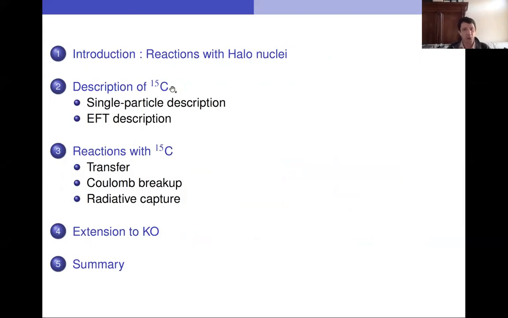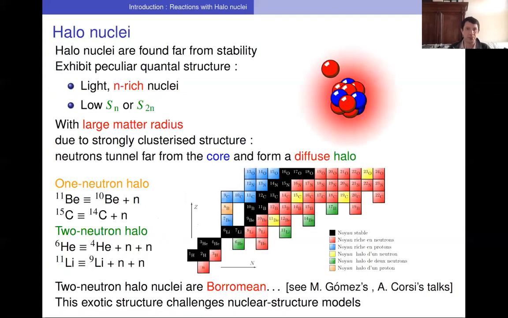And then I will move to the results of the reaction calculations we have performed: transfer, Coulomb breakup, and also radiative capture on carbon-15. And I will show an extension that we have more recently performed on knockout reactions that looks also promising. And I will finish with a summary.